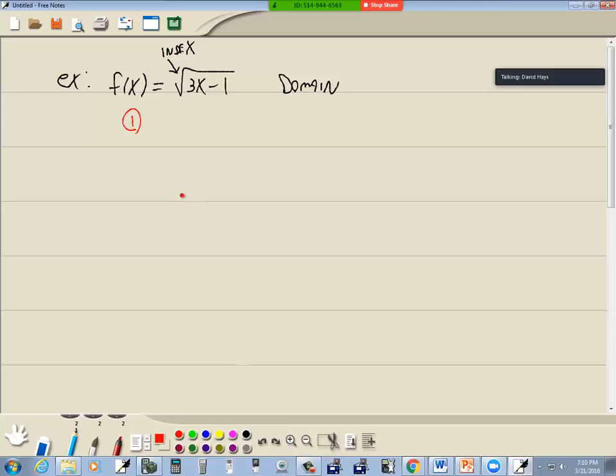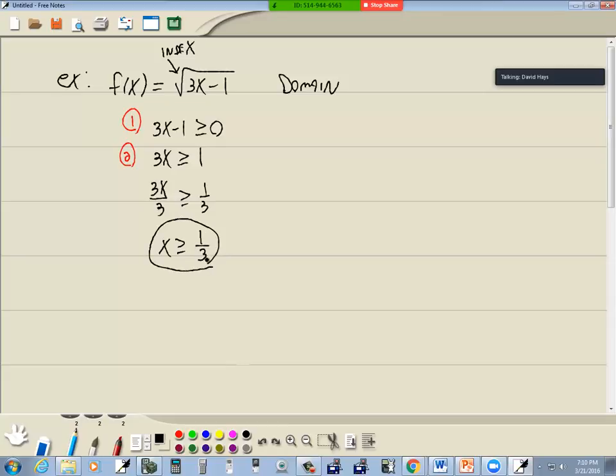So step 1, we're going to set what is under the radical, which is 3x minus 1, greater than or equal to 0, and then solve it. So take the negative 1 over, becomes a positive 1. Divide both sides by 3, and you get x is greater than or equal to 1/3.